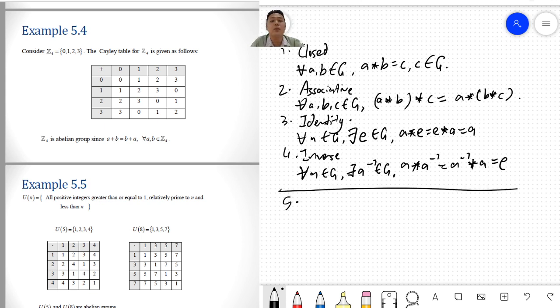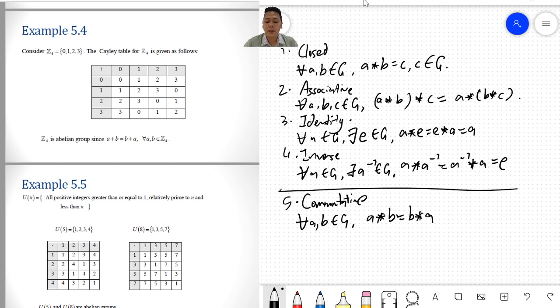If you include one more, which is commutative, for every element A, B in G, AB equals BA, to satisfy all five, then it is also an abelian group.